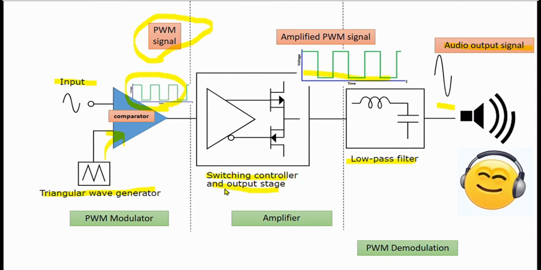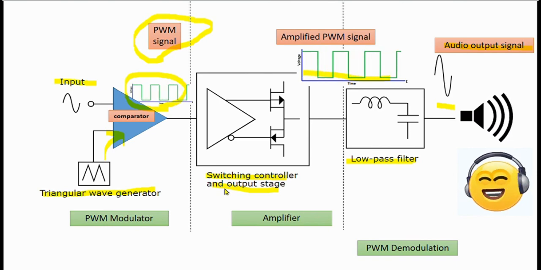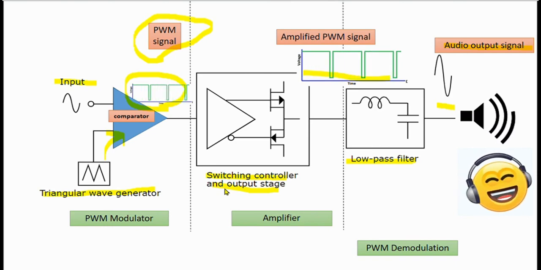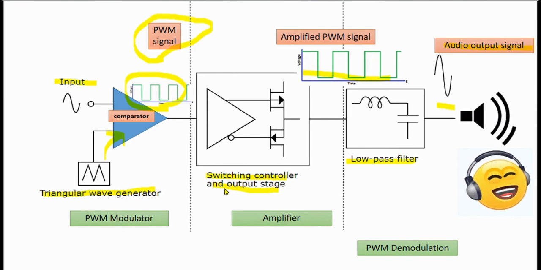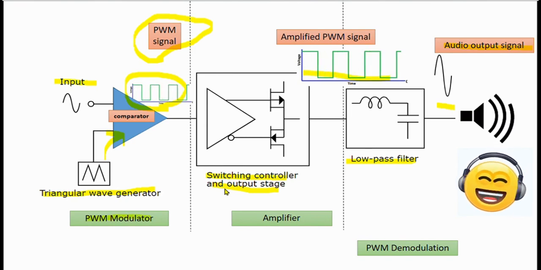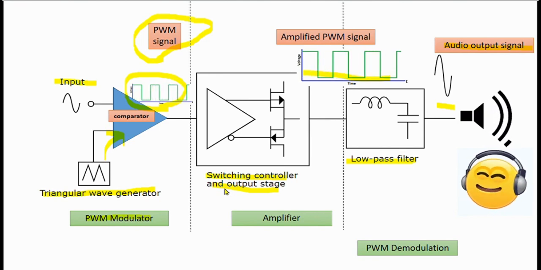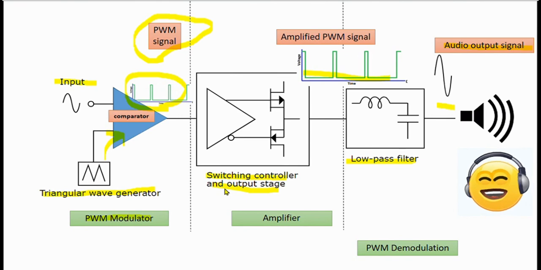This is the most practical type of audio amplifier. It is used in Bluetooth audio speakers, and even in mobile speakers. So these are the three stages: PWM modulator, amplifier, and PWM demodulation.